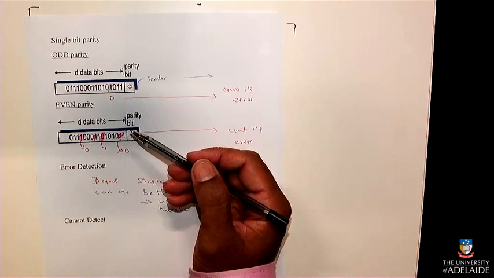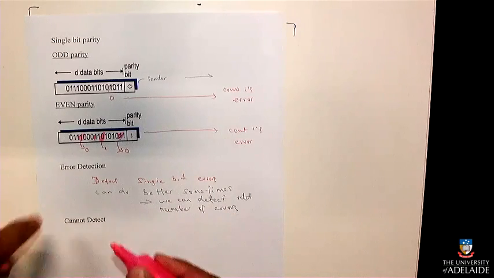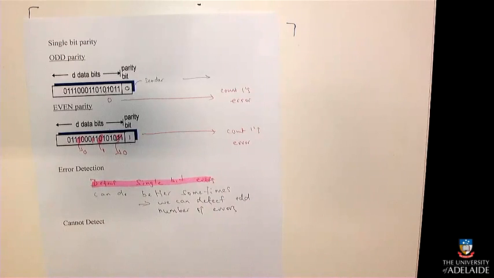But if it's even, then you can't. Okay. But what you're guaranteed is this, right? This is your guarantee from parity, a single bit flip error, right? But you can do better sometimes.